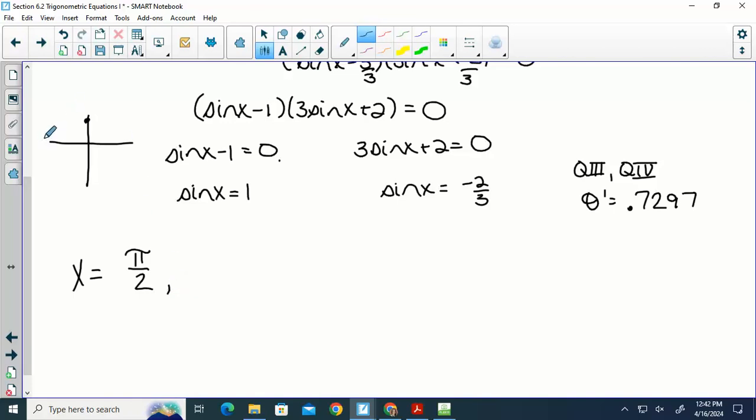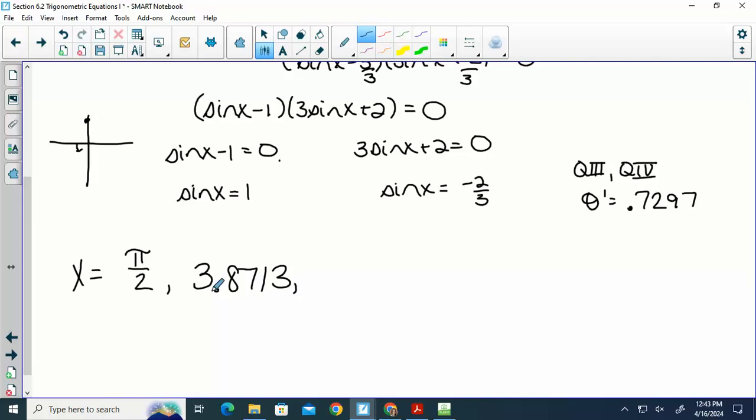So let's think. If we want to be in quadrant 3, we would add, and we don't want to do 180 though. Add pi. So we'll do pi plus 0.7297. And that gives me 3.8713.